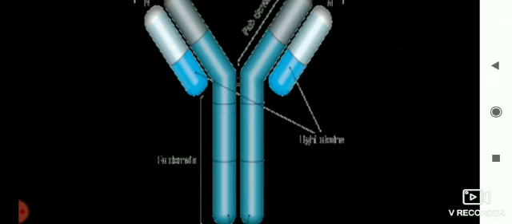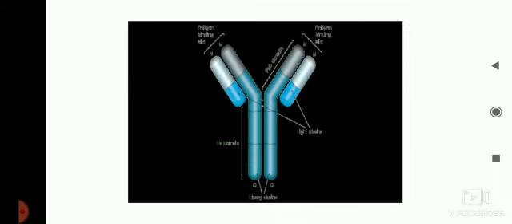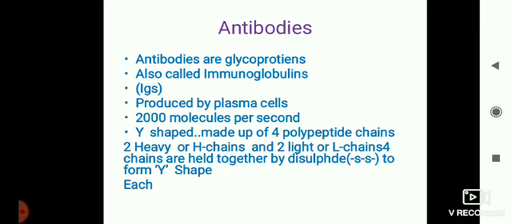This is the structure of antibodies. You can see the two heavy chains, two light chains. They are held together by disulfide bonds, and the shape is Y. Main question is, what are the antibodies?